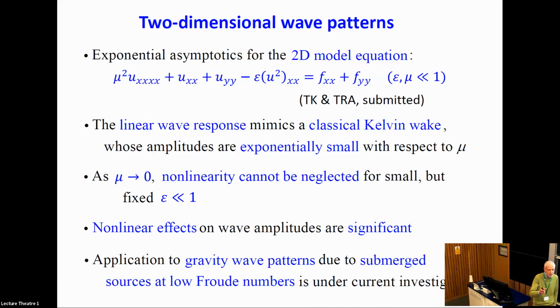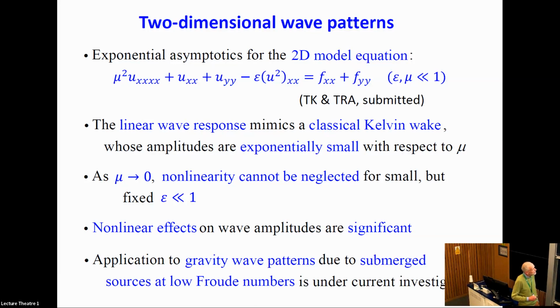This is non-uniform behavior that actually was noted way back by a very smart person who worked with Tuvia, Milo, Gideon Dagan. This is the important thing: as the Froude number goes to zero, you cannot neglect nonlinearity for small but fixed epsilon. It's a very non-uniform behavior.